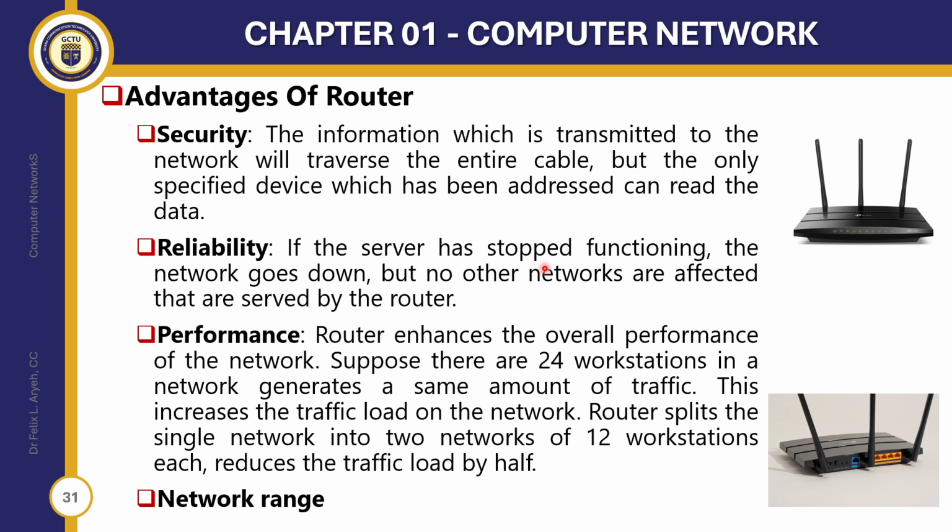If a server has stopped functioning, the network goes down, but no other networks served by the router are affected. So as the name says, it is reliable in terms of an advantage. If the server has stopped functioning, it's the server which is off, but none of the other networks are affected, mainly because of the reliability.